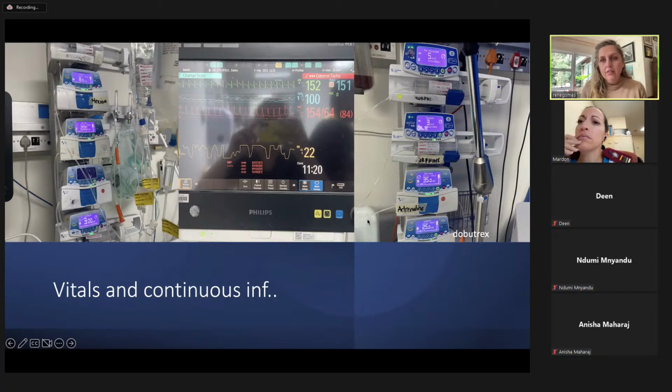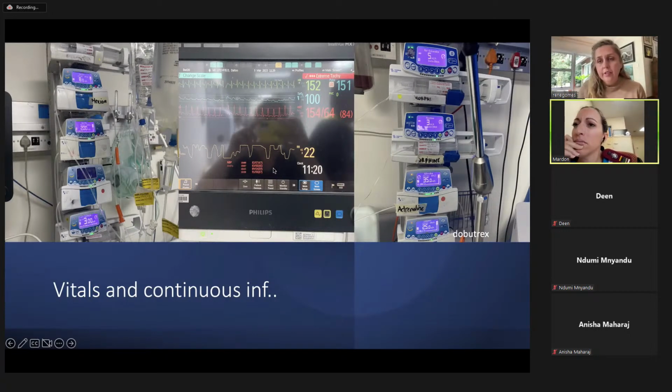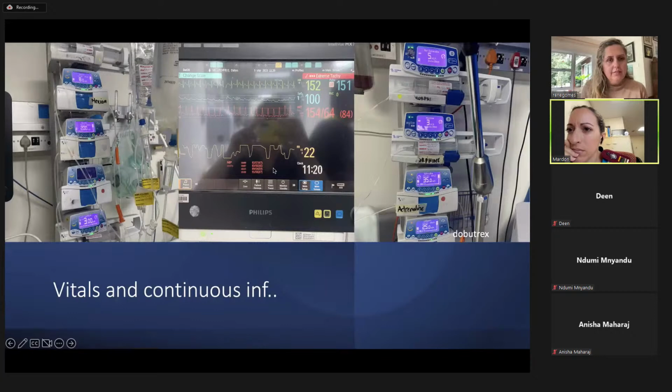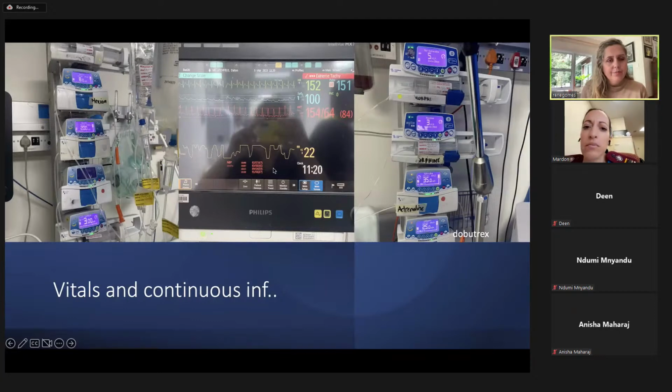He was on vasopressin of 5 mils, adrenaline 35 mils per hour, and dobutamine 25 mils per hour. He was sedated with Dormicum and morphine, 3 of each. And I think he was on a Nexium infusion, and he was getting maintenance and some sodium bicarbonate as well. Does anyone have any comments about this part?